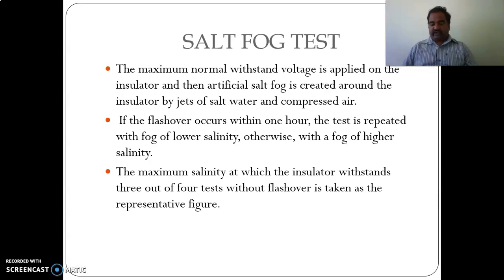So the entire atmosphere around your insulator is created just like some sort of fog with some good salinity. So jets of salt water and compressed air will be forced upon your insulator specimen.